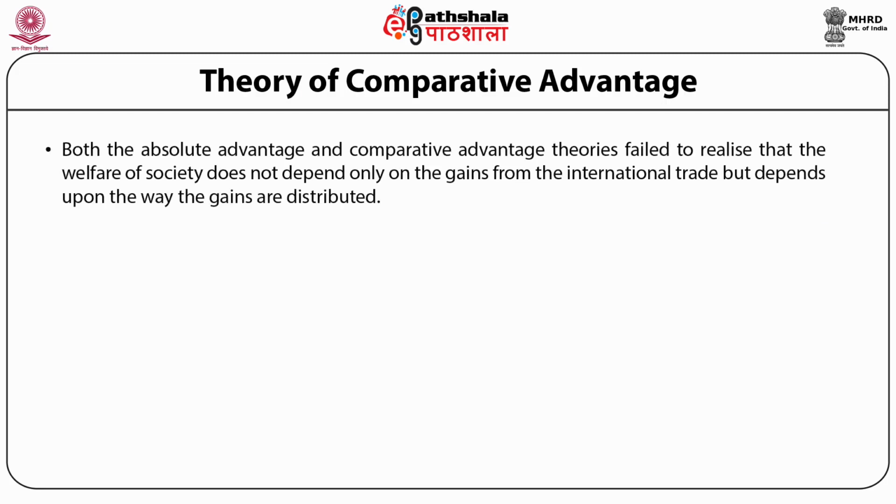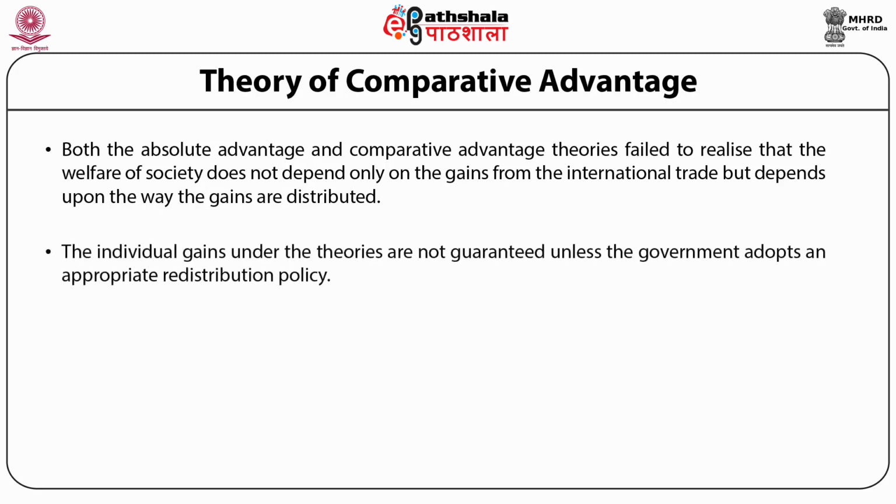Both the absolute advantage and comparative advantage theories fail to realize that the welfare of society does not depend upon the gains from international trade, but depends upon the way the gains are distributed.